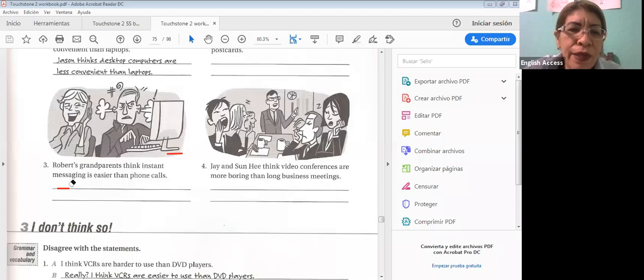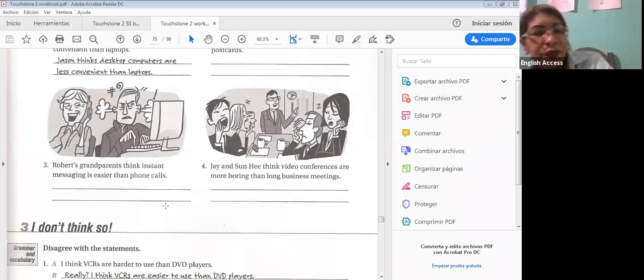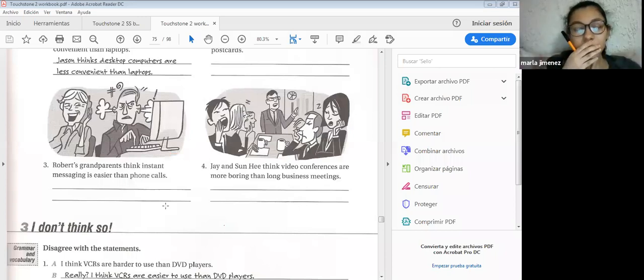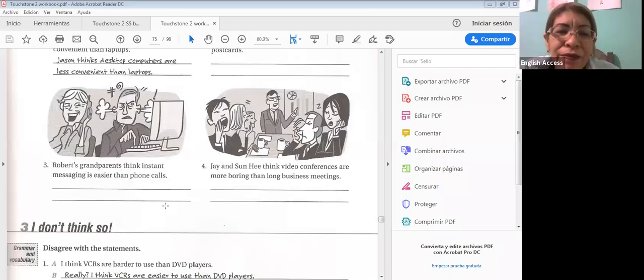Okay, number 3. Robert's grandparents think instant messaging is easier than phone calls. Who wants to say this? Is it more complicated or less?